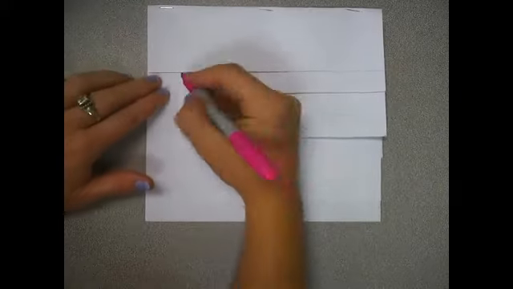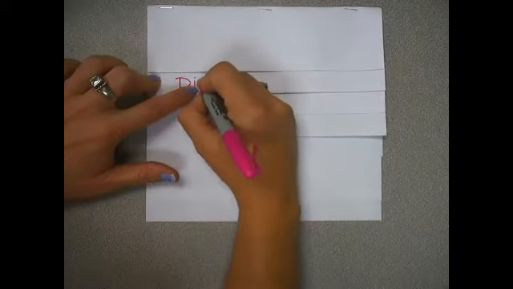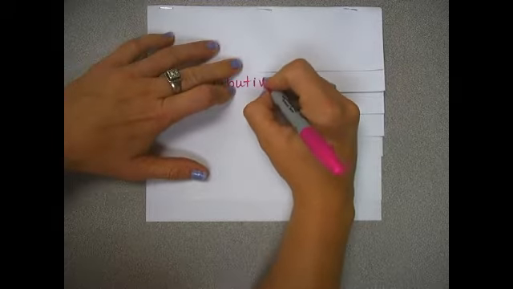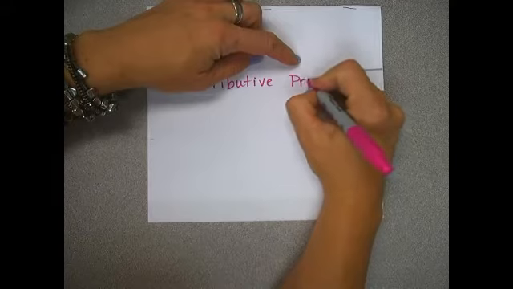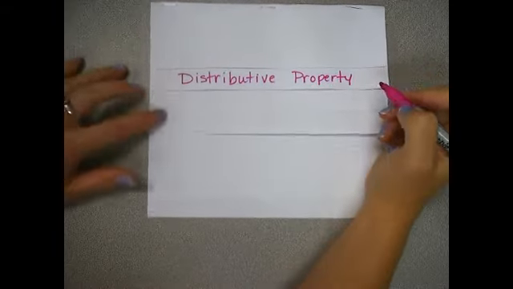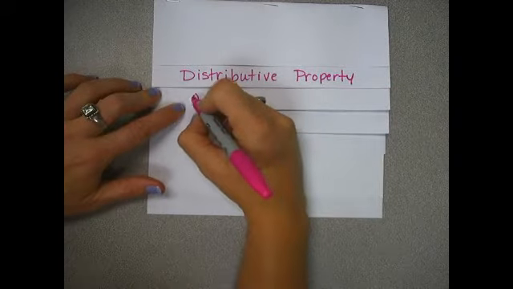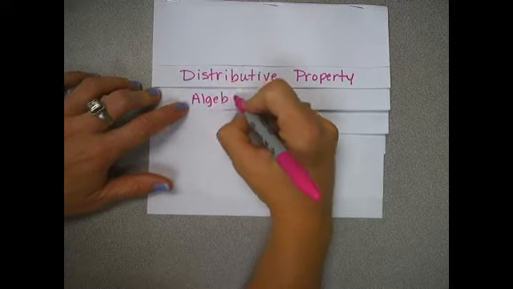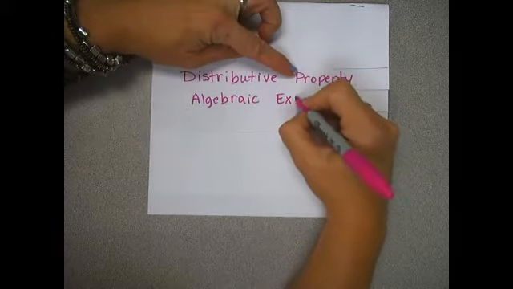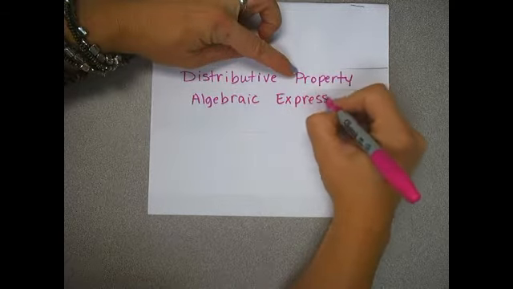This very first tab is just going to be our cover sheet, and we'll write some stuff on it. So go down to this first tab. We're going to write in distributive property. The next tab is going to read algebraic expressions.